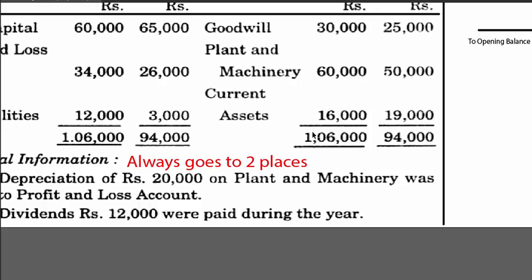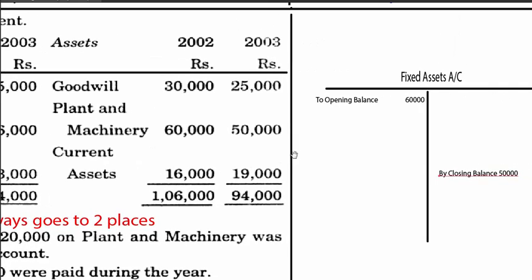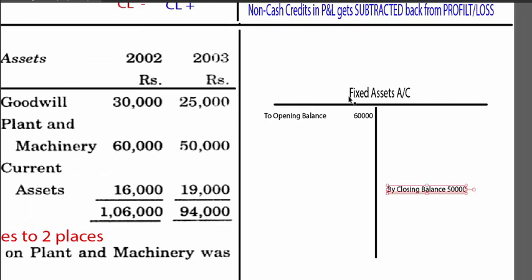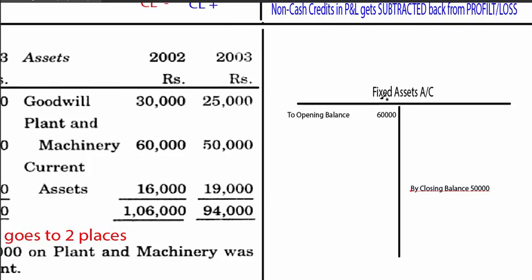So depreciation on plant and machinery is credited to the machinery account. Instead of fixed assets, we'll just make it plant and machinery account. Let's change it now. Plant and machinery account. And so the depreciation is credited.